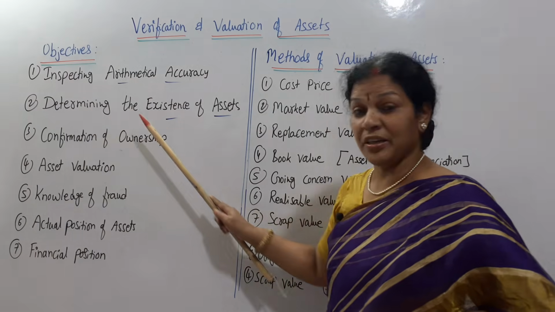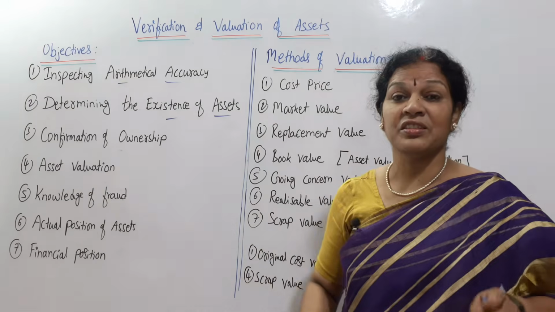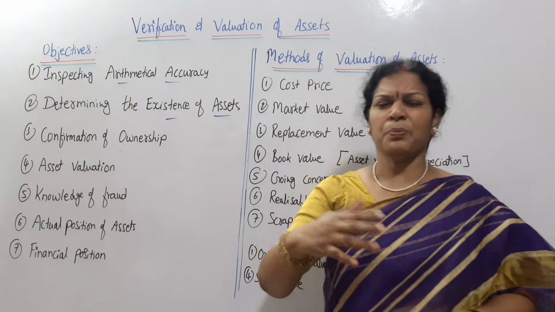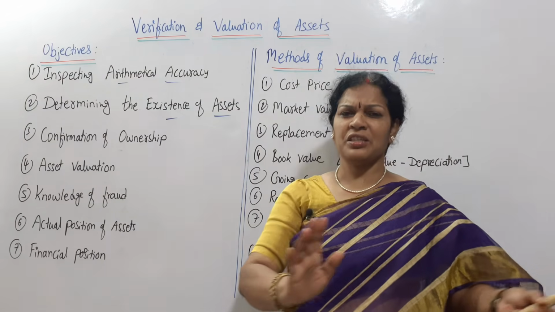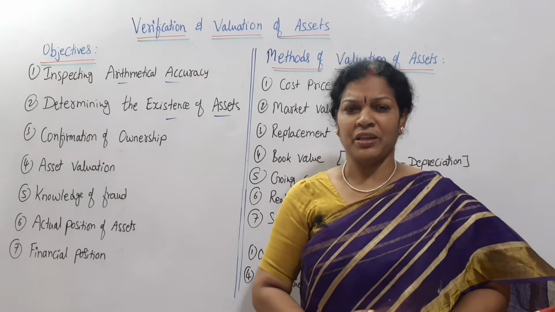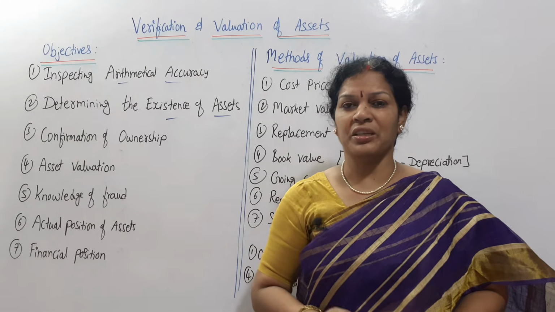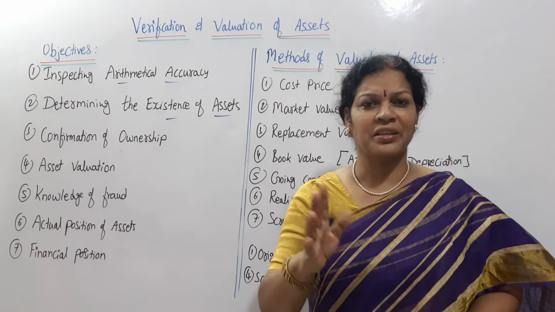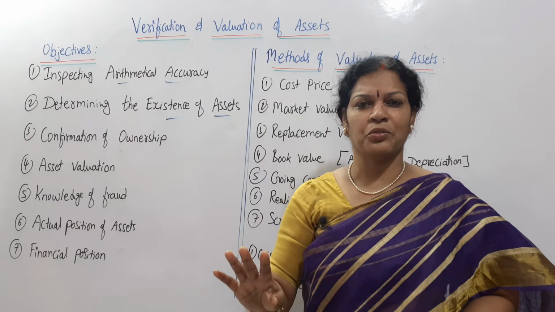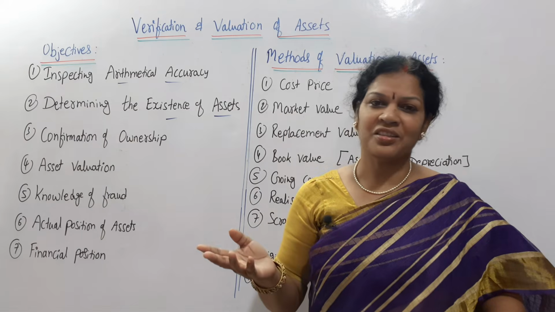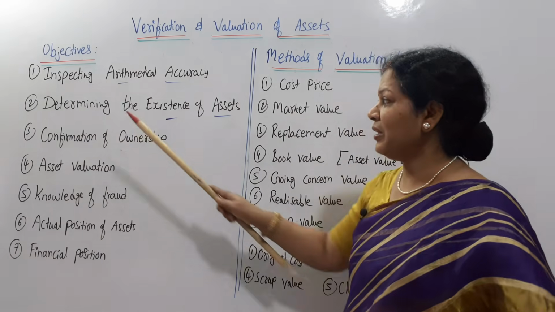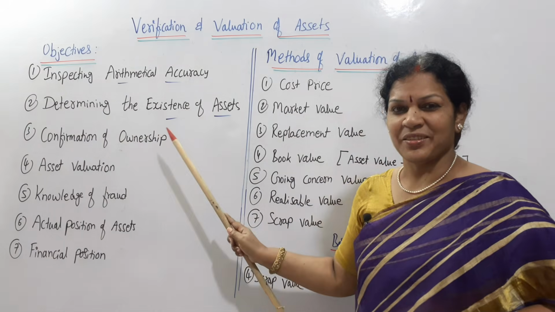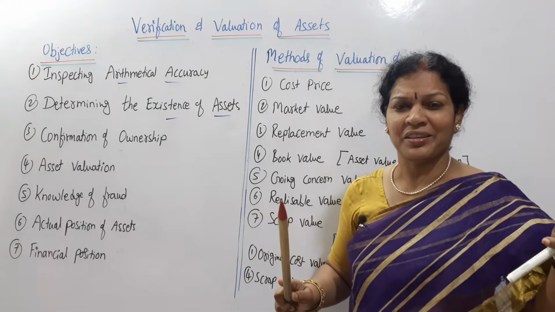That is why determining the existence of assets is another objective. Suppose the assets are not there, but still they are showing in the balance sheet and in the account books. When it comes to verification, they come to know that there are no such assets, but they are showing in the records. Then that's false. So determine the existence, whether it is there or not, and verify.